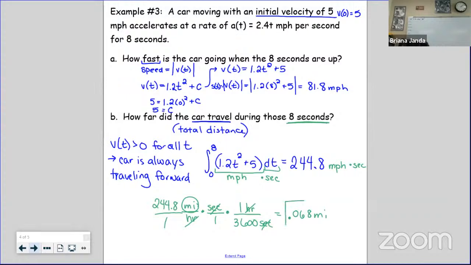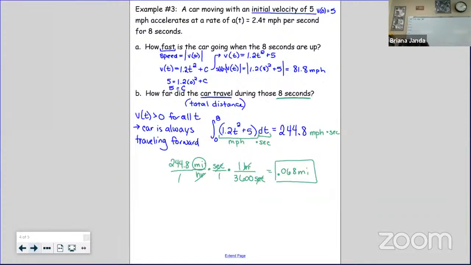Okay, and that seems like a way more appropriate answer, that we only went 0.068 of a mile in 8 seconds. You could do this also instead of in miles, converting to feet. And if you did that, a little dimensional analysis to convert to feet would have been 359.04 feet. Again, seems like a very appropriate answer for only traveling for 8 seconds.